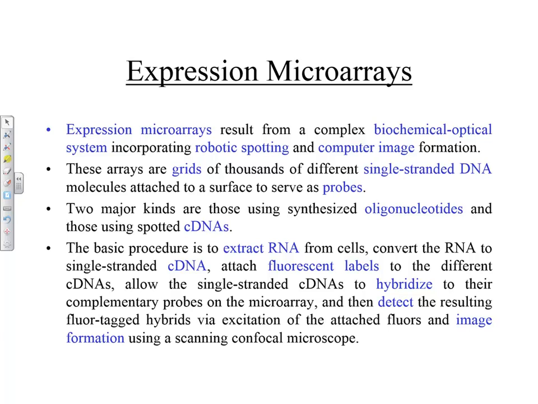So these arrays are complex, incorporating robotic spotting and computer image formation. I already explained to you how that is done. These arrays are grids of thousands of different single-stranded DNA molecules attached to a surface to serve as probes. That's the complementary DNA. Two major kinds are those using synthesized oligonucleotides and those using spotted cDNAs.